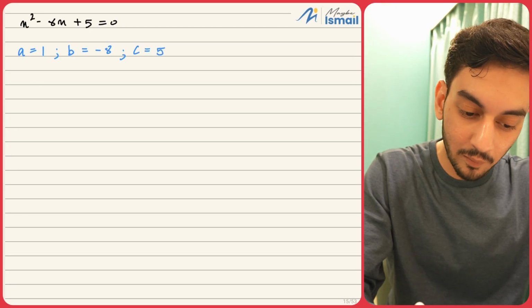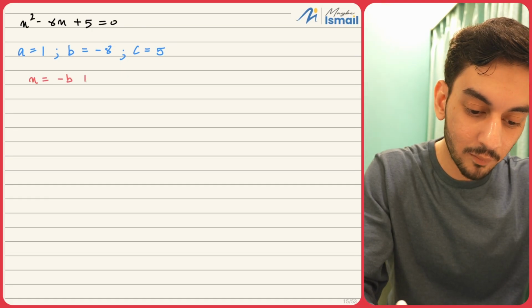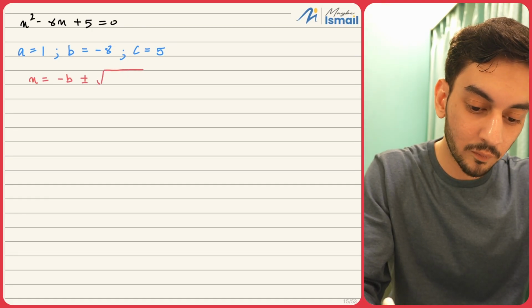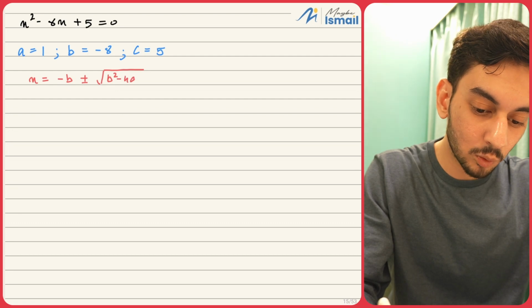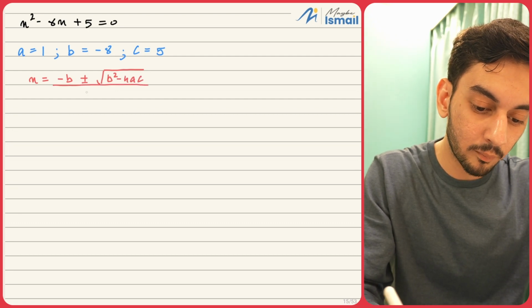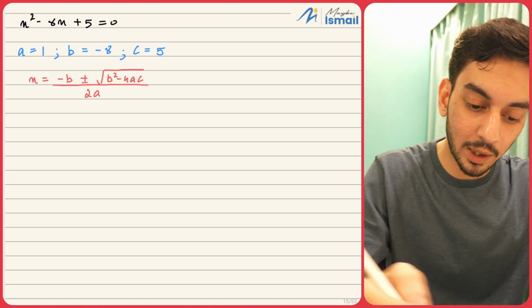Now I write my formula, which says x is equal to minus b plus or minus root of b squared minus 4ac, upon 2a. That's the formula. I just need to plug in my values in the formula.